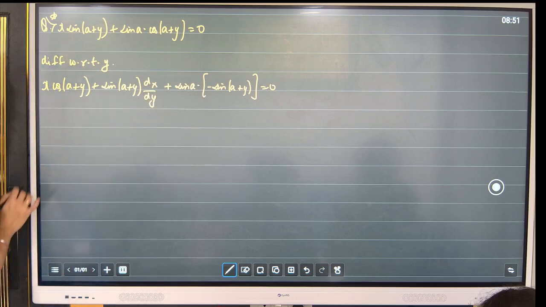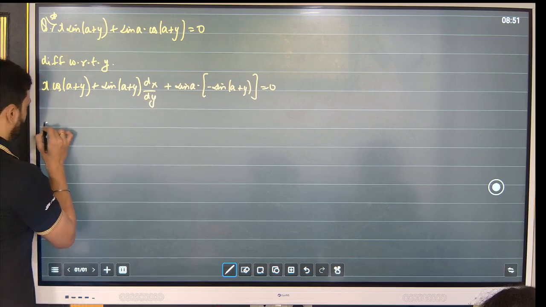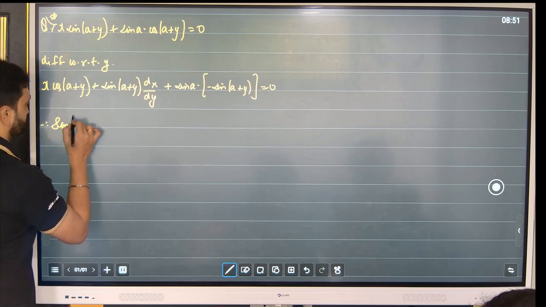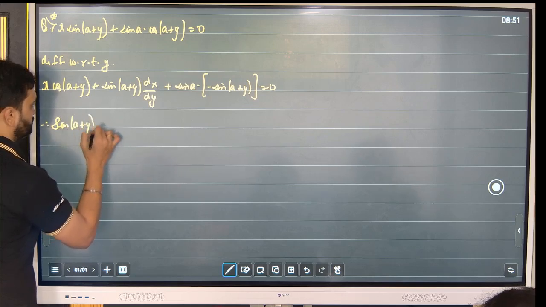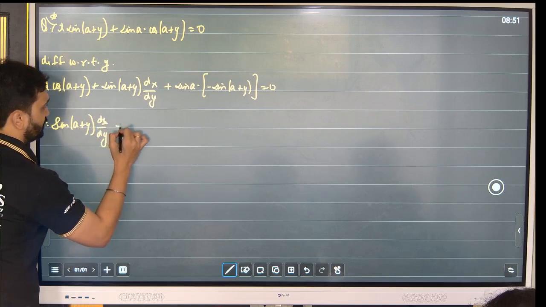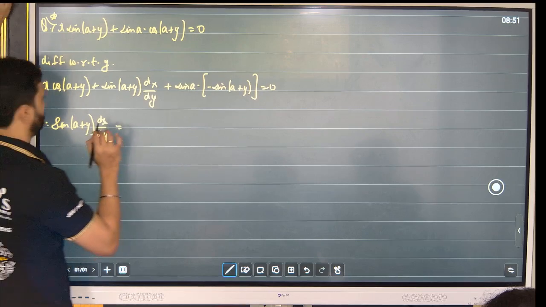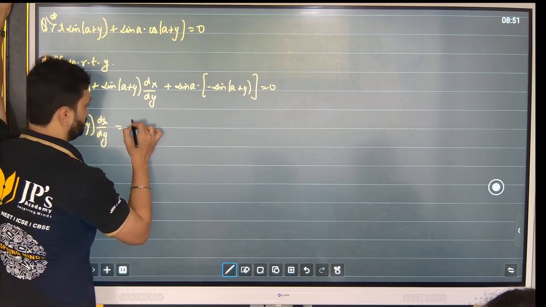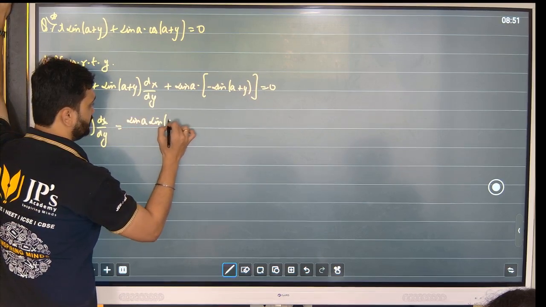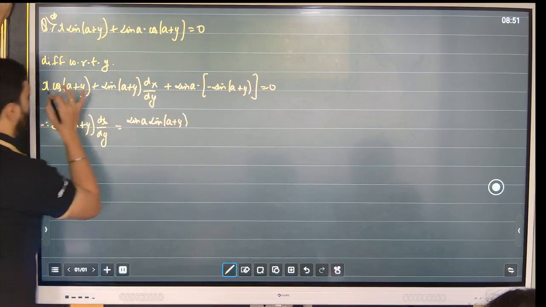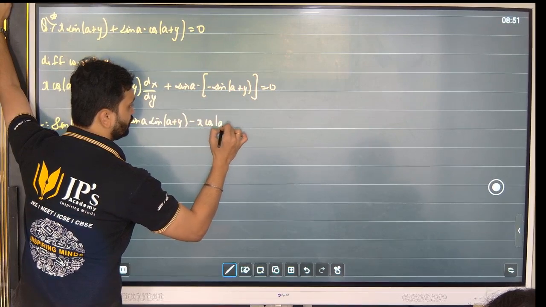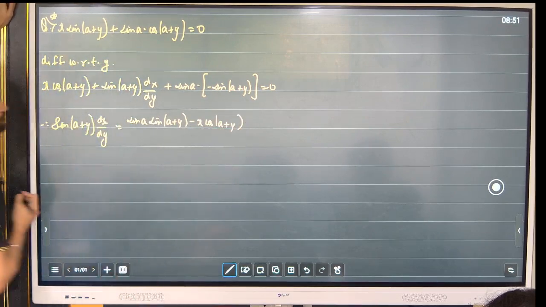Now I will take this term, that is sin(a + y) dx/dy, and if you check carefully, this will become sin(a + y) and this term will go here, minus x cos(a + y).